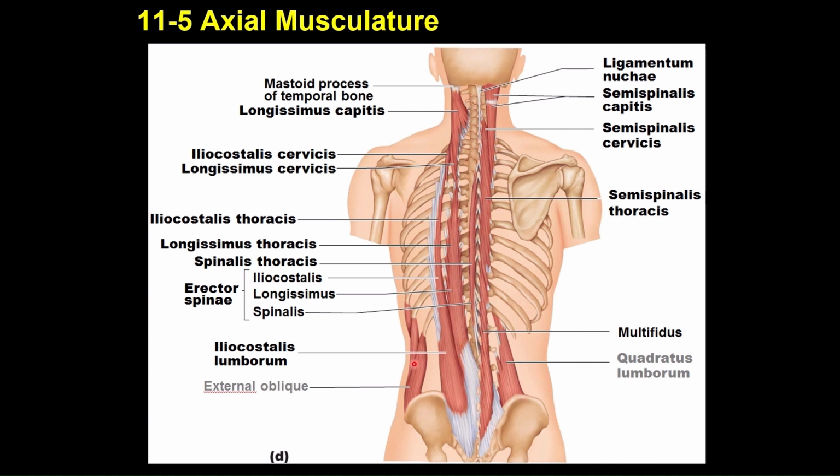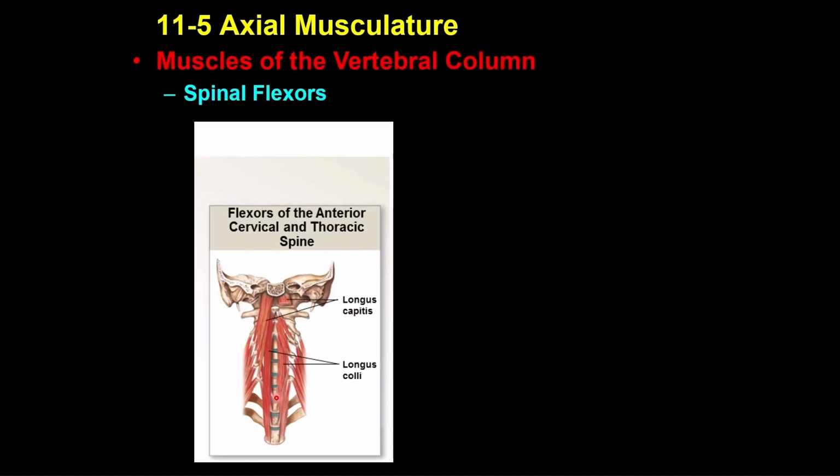And this is external oblique, which I will come back to and show you. That's also an abdominal muscle. Another muscle group is called flexor spinae or spinal flexors. One is called longus capitis. If both of them contract, it will cause flexion of the spine, and in that area flexion of the neck.